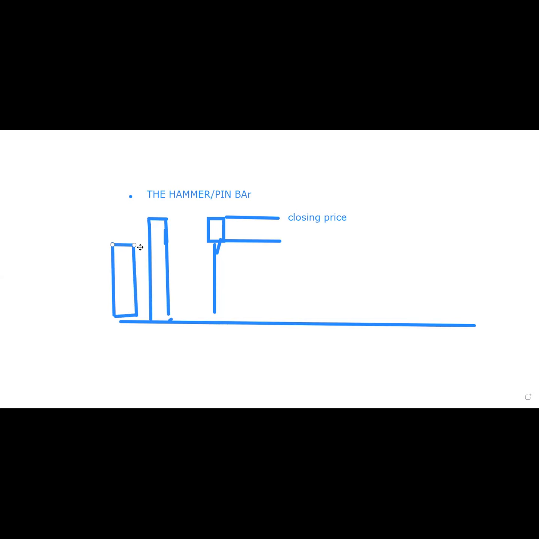So at the point where it's swallowed, it's like saying it swallowed right above the opening price. Remember, a sell candle will open from the top and close below. So if this is a bullish candle, what it means is it went high and closed right above where this selling candle opened from.